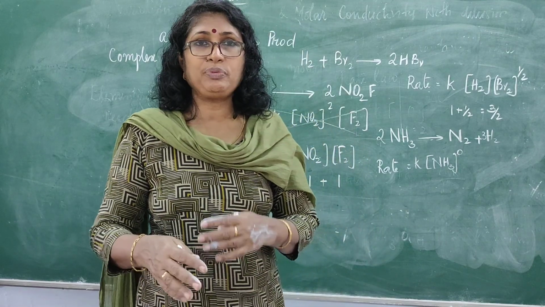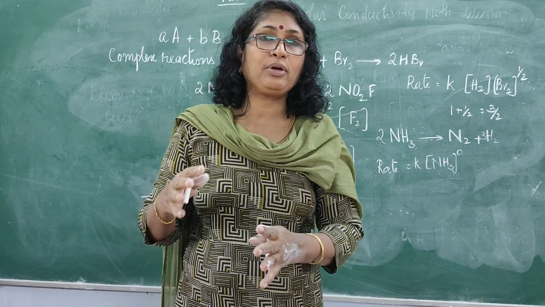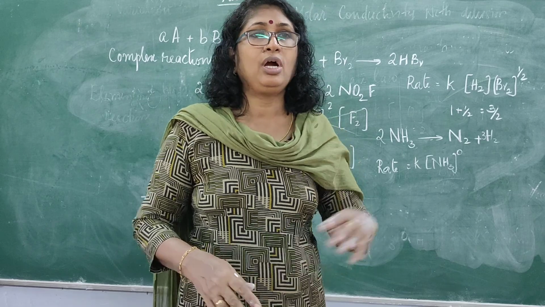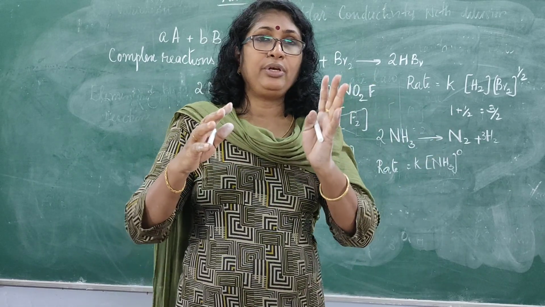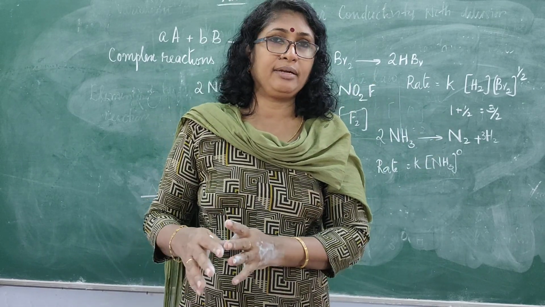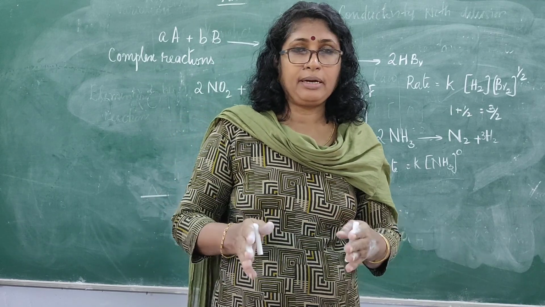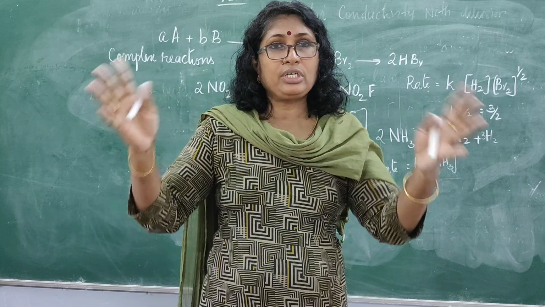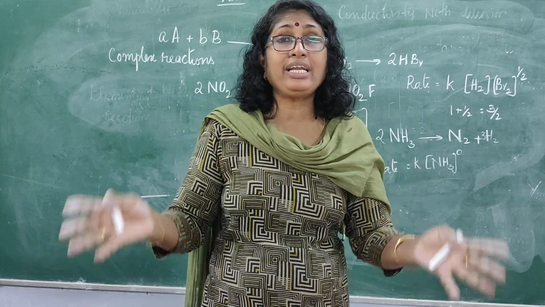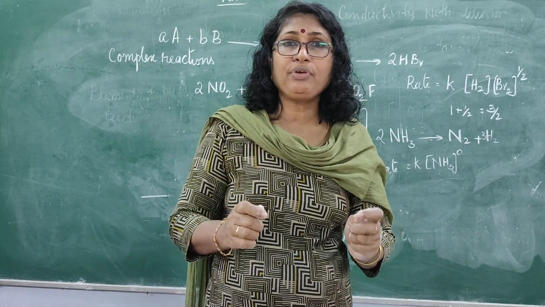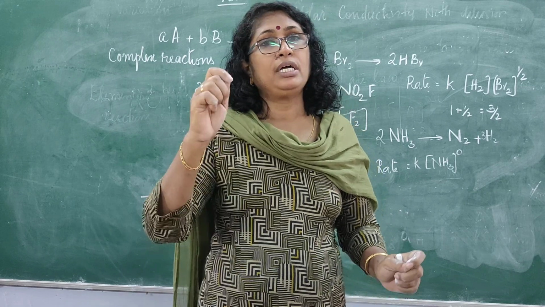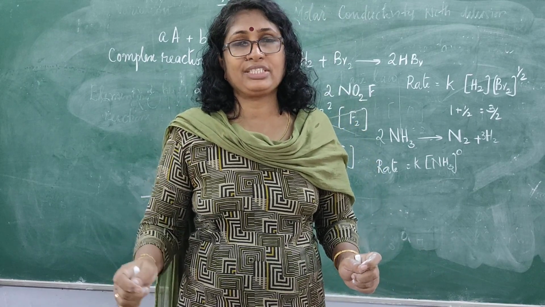So from now onwards we will talk only about the order of a chemical reaction. Molecularity has no significance here because molecularity shows only the number of molecules taking part in the overall reaction. That does not give you the actual dependence of the reaction rate on concentration.